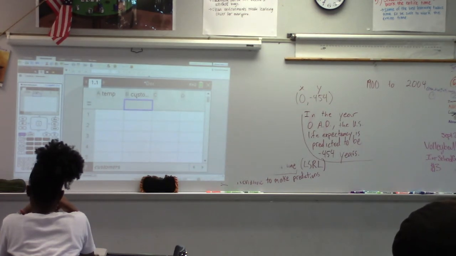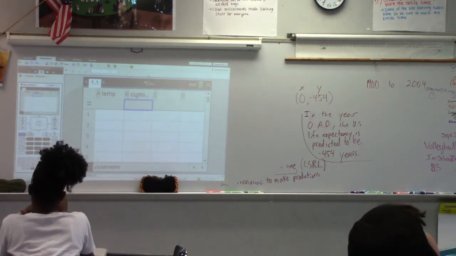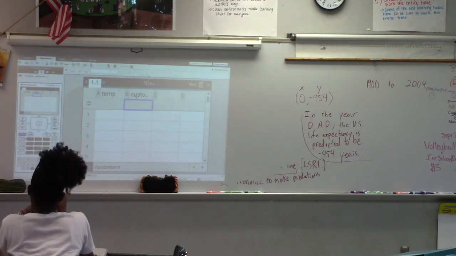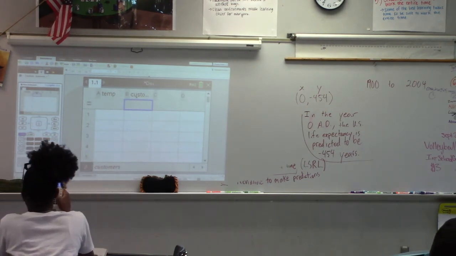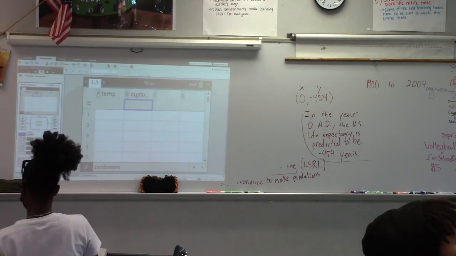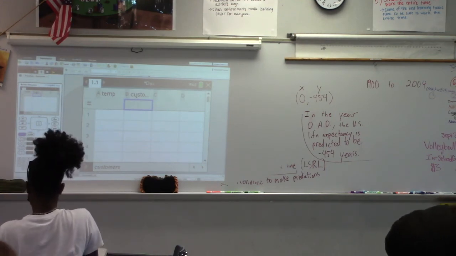The table is actually on page 168. So once you type in your variables, you need to enter the values for the table. Go to page 168 to get the values.